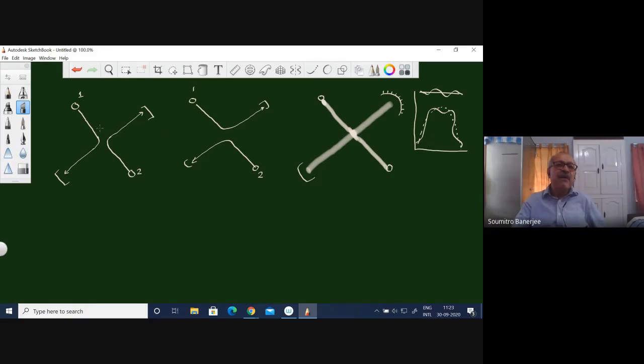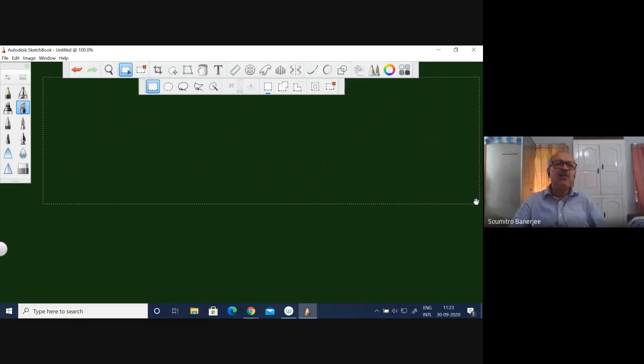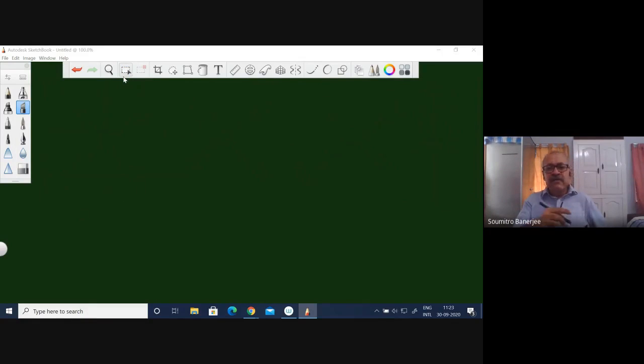Now, our task now is to devise some way of representing this non-distinguishability of particles. And how do you do that? In the last class, we have seen that if there are two particles, the combined eigenfunctions, psi 1, 2, can be represented as the individual eigenfunctions.